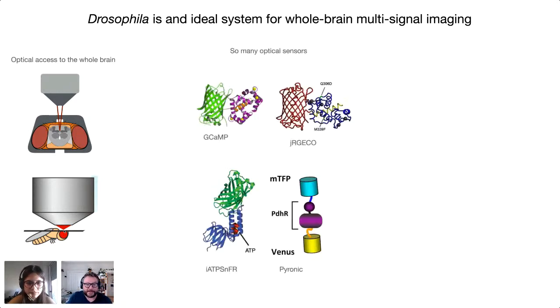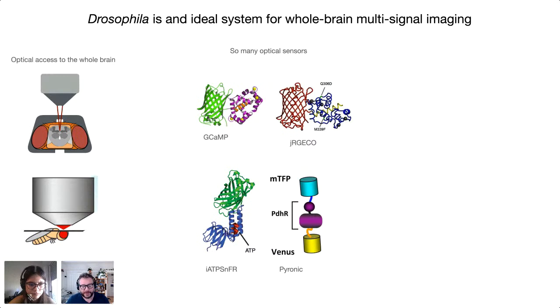And we also have access to a huge number of sensors. If you can think of a sensor, it either already exists in Drosophila or people are going to build it. I'm going to be talking about four specific sensors for this talk. At the top here, your classic GCaMP, which is a proxy for neural activity as it increases fluorescence in response to increases in calcium.